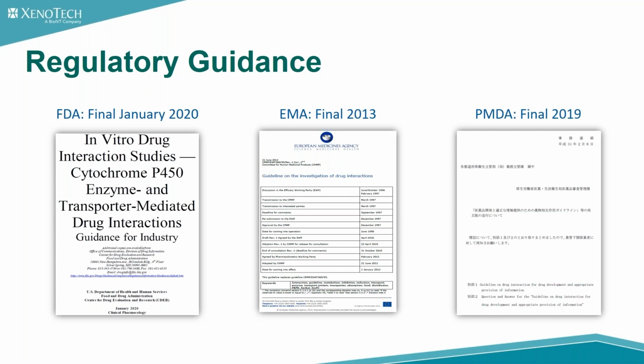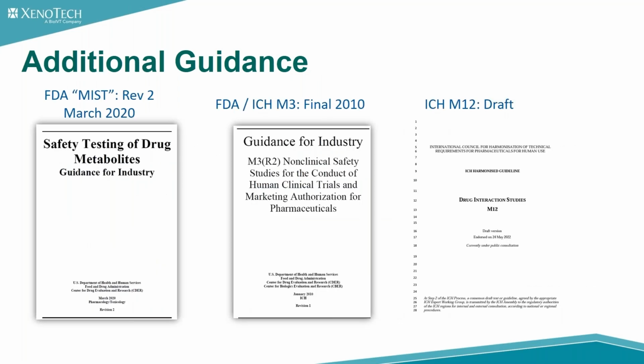The FDA's guidance for industry that was finalized in January 2020, the EMA guidance that was finalized in 2013, Japan's PMDA, was finalized in 2019, along with other guidance that have some sort of relationship to in vitro ADME DDI studies, including the safety testing of drug metabolites, or the MIST guidance, the FDA ICH M3 guidance, and most recently the ICH M12 draft guidance, which was put out earlier this summer and is still in the comment phase. I think they're still accepting comments, but that's going to be wrapped up soon.